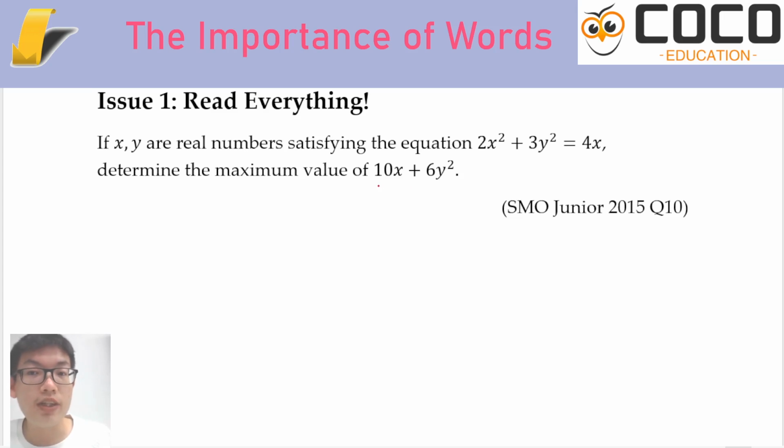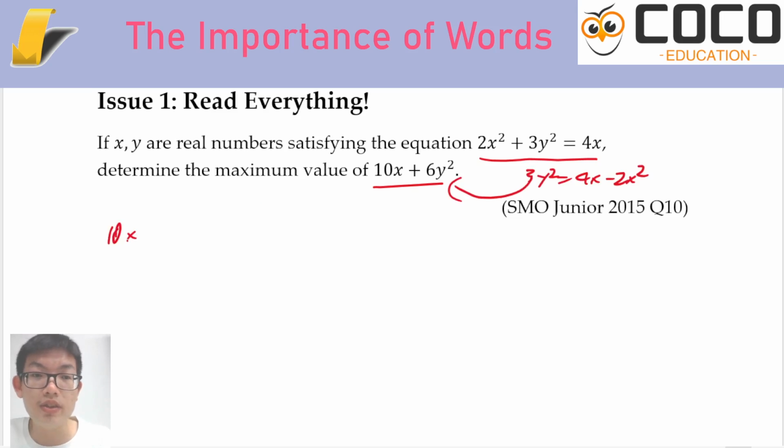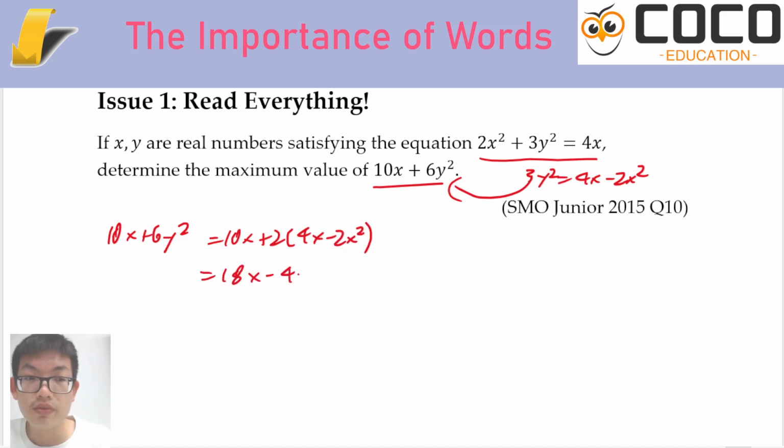If you are asked to find the maximum of this, and then you look at this equation, you say, I will just take the 3y squared, substitute it into here, and so you will end up with this, and then you complete the square.